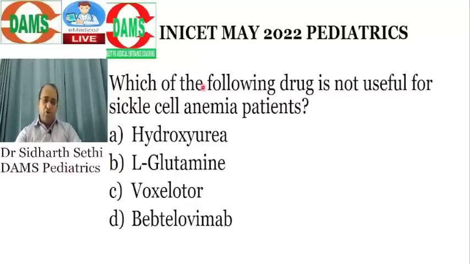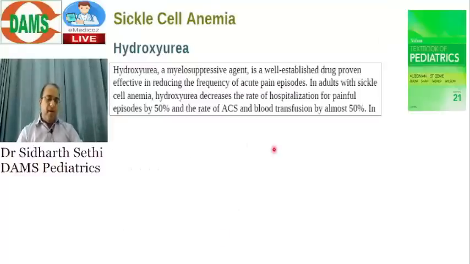Now there was another question on which drug is not used in sickle cell anemia patients, and I'll give you the reference from Nelson's textbook. Remember, according to Nelson's textbook, hydroxyurea is a very important drug for sickle cell anemia. Hydroxyurea reduces the frequency of pain episodes, hospitalizations, and blood transfusion.